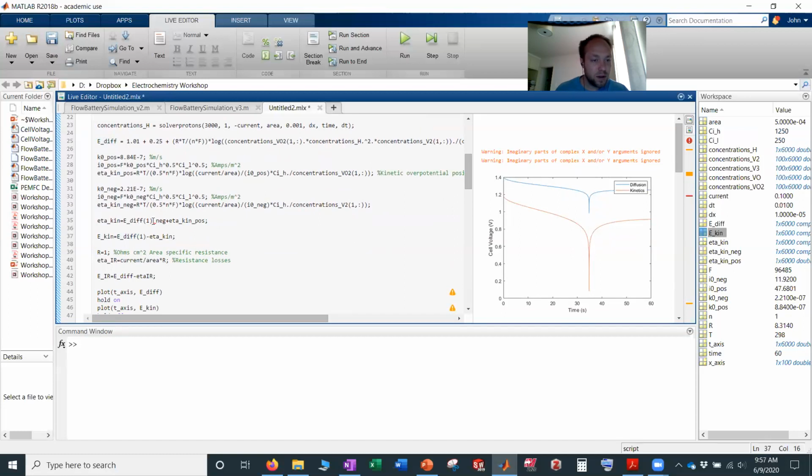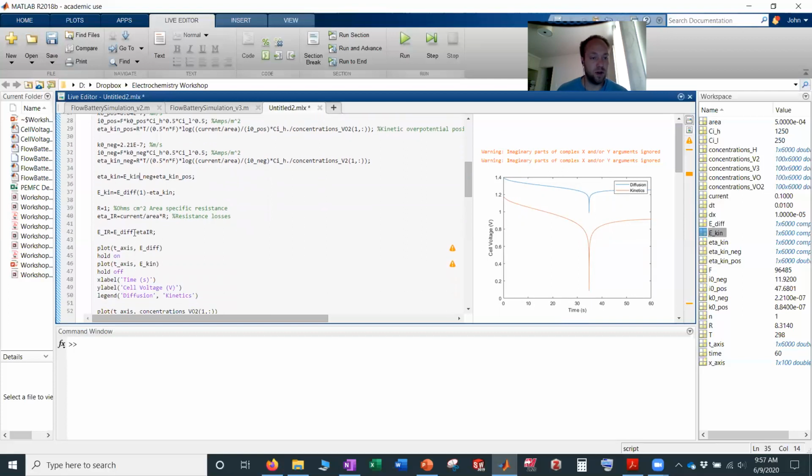Oh, this is not what I wanted to do. So for the kinetic voltage, we're not going to include these other diffusion losses. We're just going to say what would be the losses from this initial voltage. The same thing here, what are the losses from the very first one, and then we'll put them all together and have an E total.